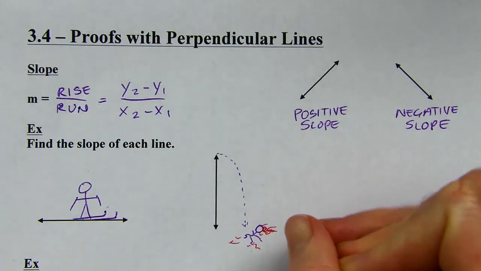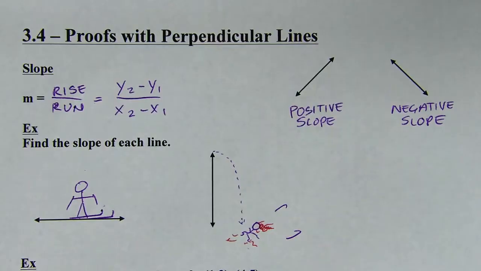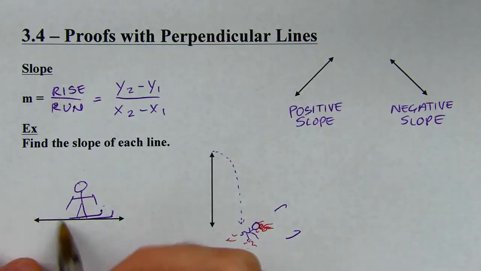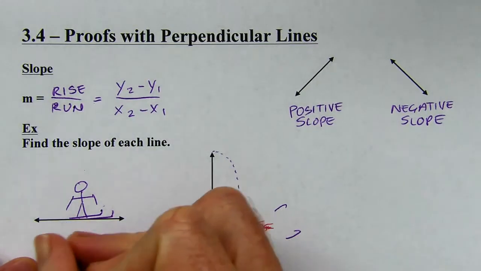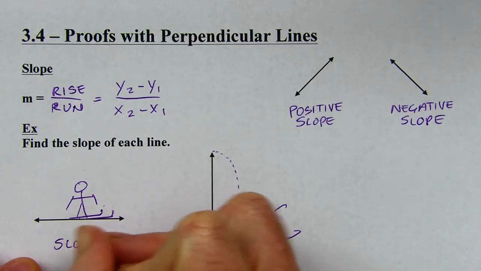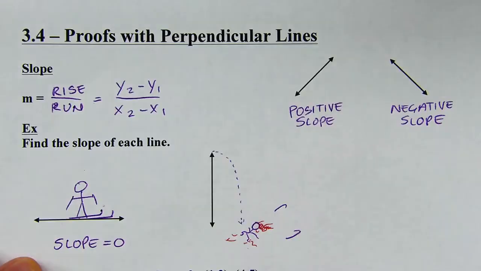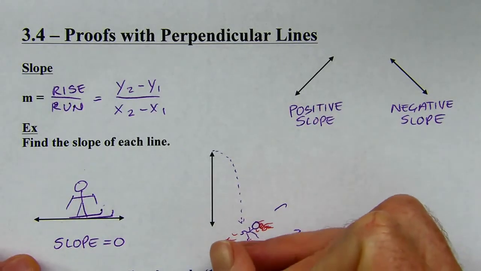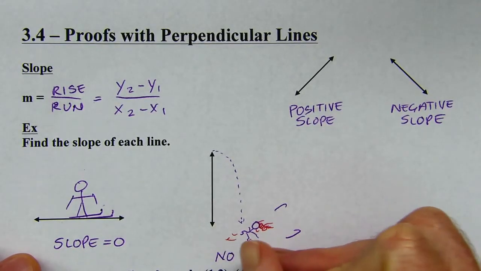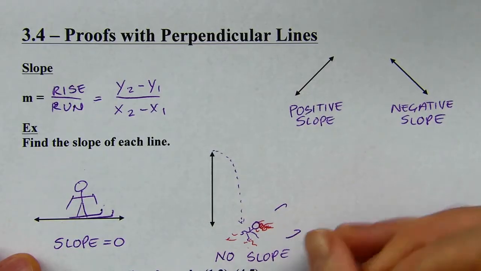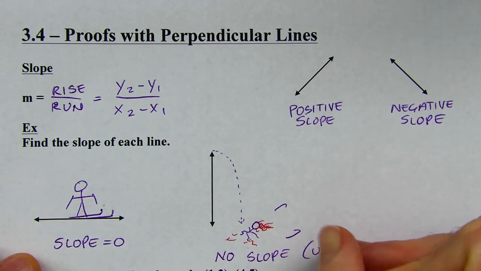Ski over here and ski over there. You wouldn't want to ski on that one, or that would happen. So this one does have a slope. It has a slope of 0. And this one does not have a slope because you can't ski on it, so no slope. Or sometimes you'll see that described as undefined slope.